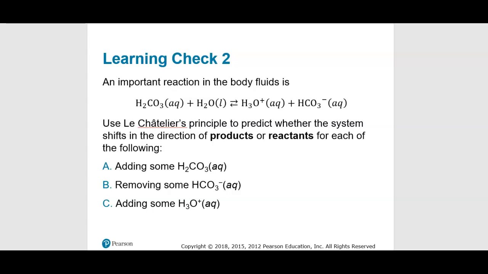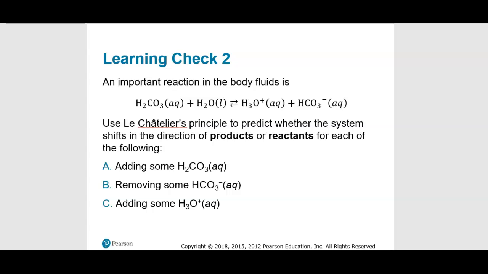The next one, removing some bicarbonate. Here you added reactants in the first one. Now you're removing products. If you remove something, the equilibrium is going to shift to replace it. So if you remove a product, that too is going to shift in the direction of products.